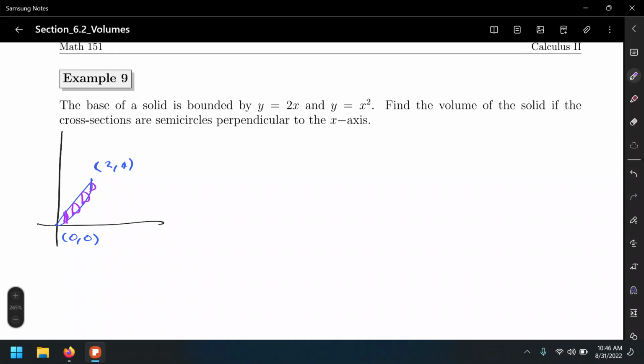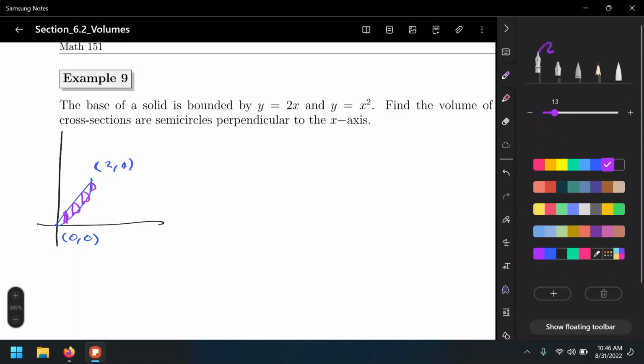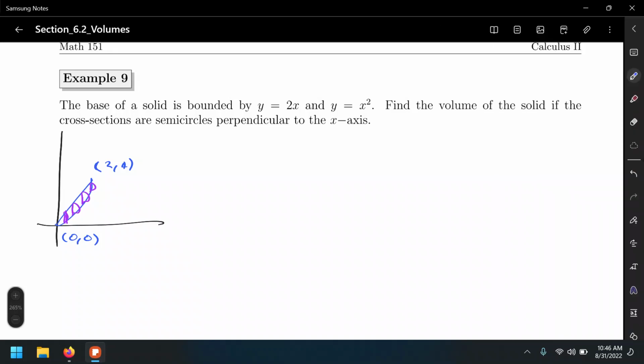But now recall that to set up the integral, we need the A of x. A of x for semicircles. Number one, because it's a semicircle, we need 1/2 of the area of the circle, and that's pi r squared.